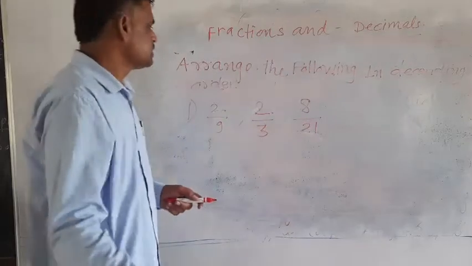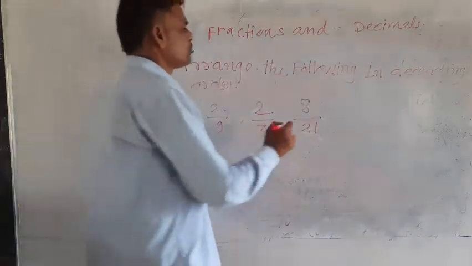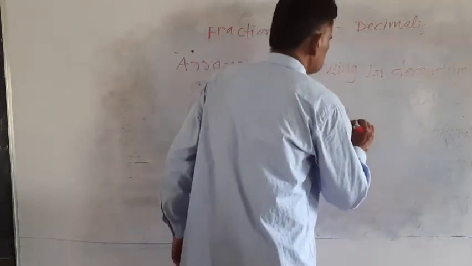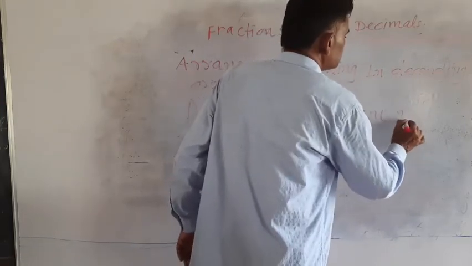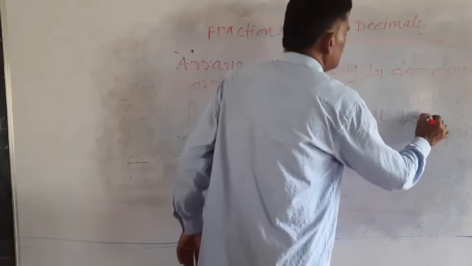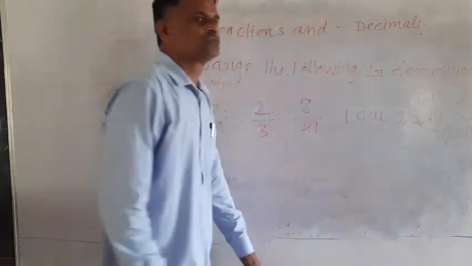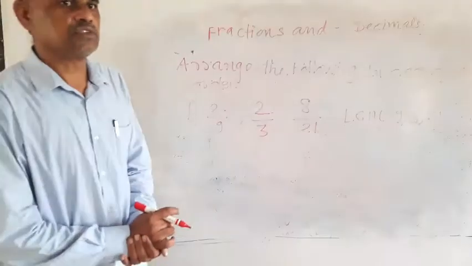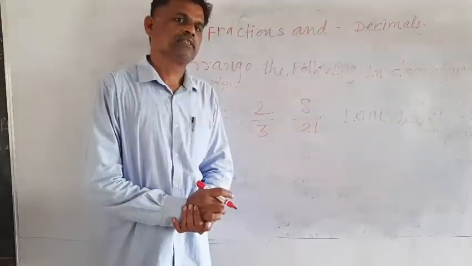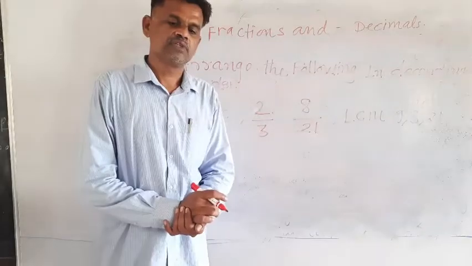Here we have to find the LCM of 9, 3 and 21. The LCM of 9, 3, 21, you already know, is 63.